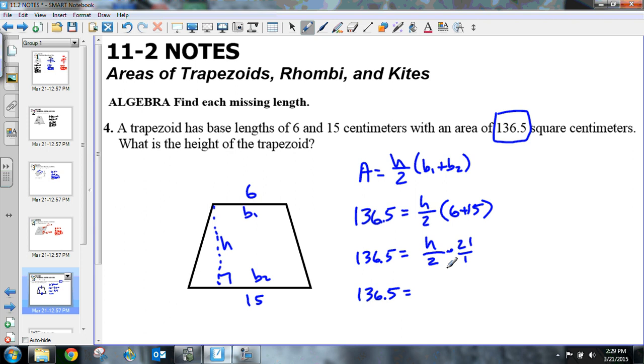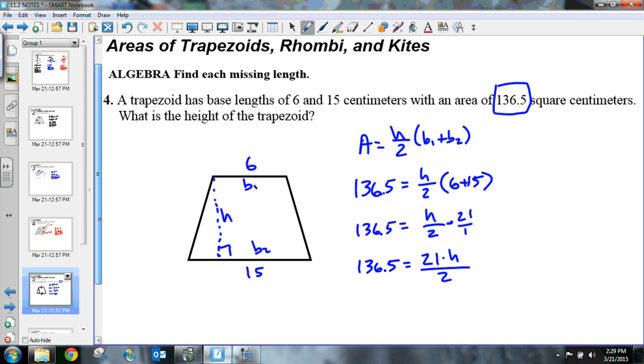Now watch what I do here. This is not necessarily a trick, but it's just how I work with fractions like this. When I'm multiplying a fraction, I'm multiplying my numerators and my denominators, so I can rewrite this as 21 times h divided by 2. Okay, this is an equivalent statement to this.